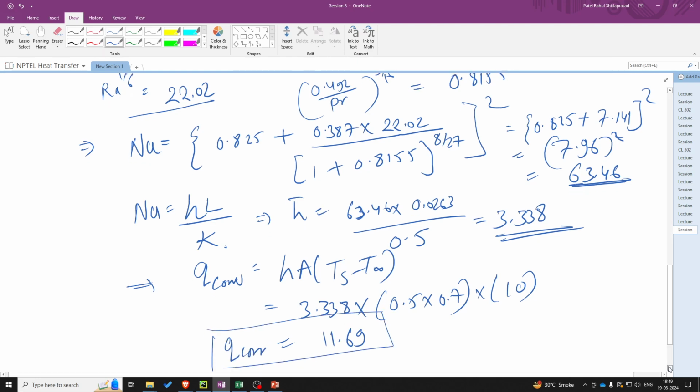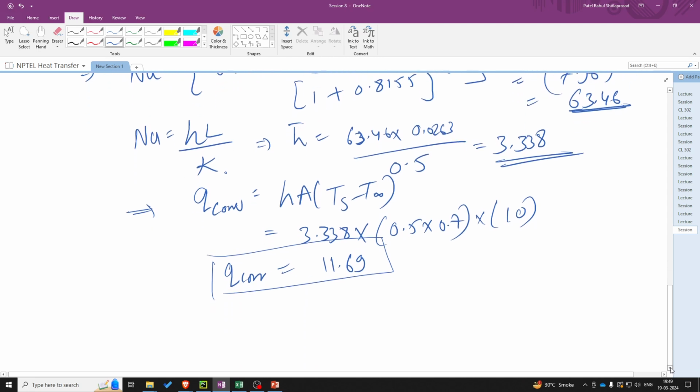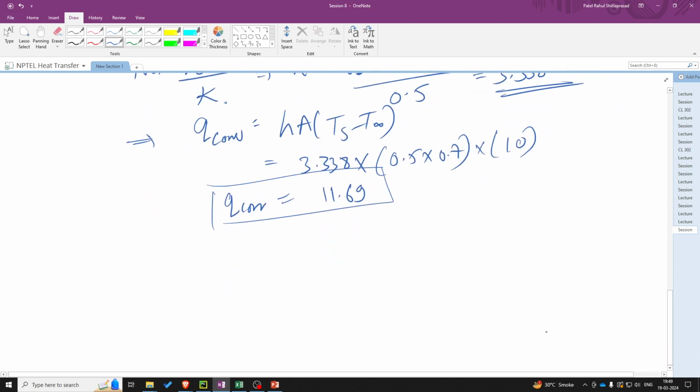So now we also need to find the Q radiation. Q radiation is given by the Stefan-Boltzmann law, which states that it is epsilon sigma A into T to the 4 of the surface minus T to the 4 of the surroundings.